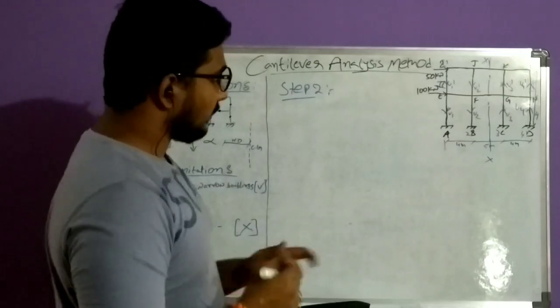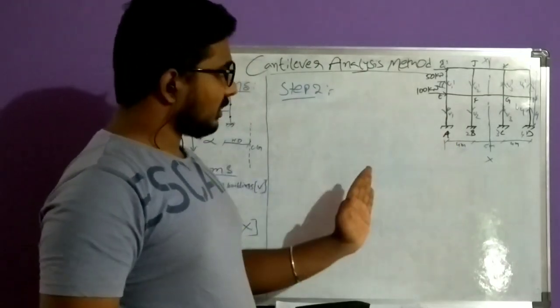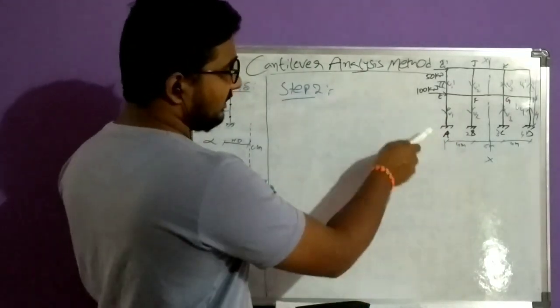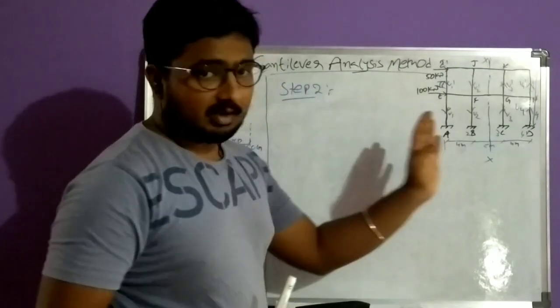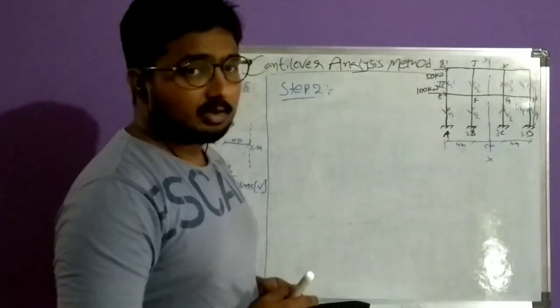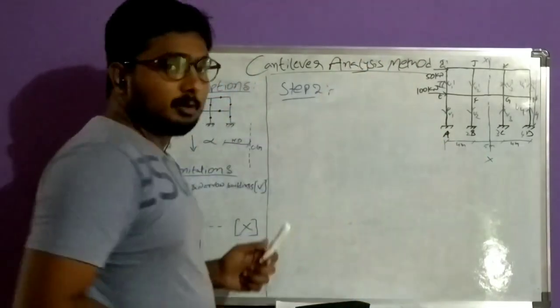Here you observe one thing: on the left side of the centroidal axis I consider the downward axial force, and on the right side of the centroidal axis I am considering the upward axial force.